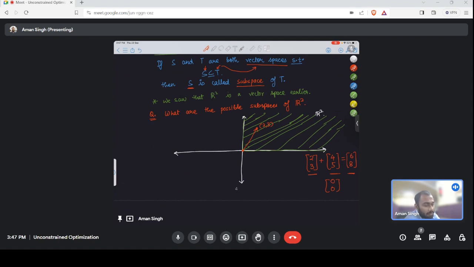But what about the additive inverse? What should we add to 2, 3 to get 0, 0?